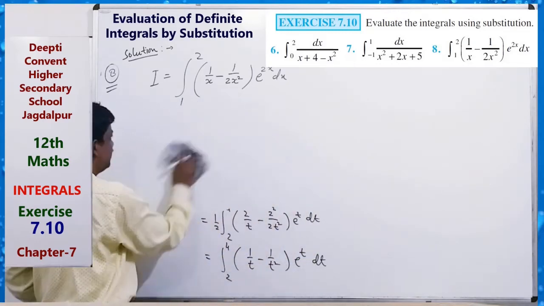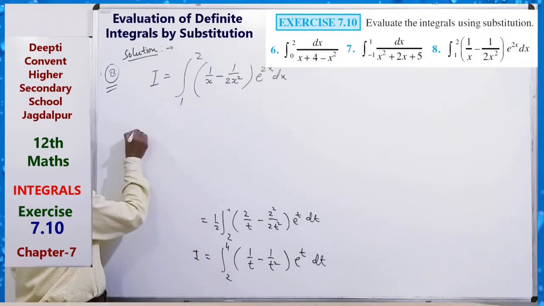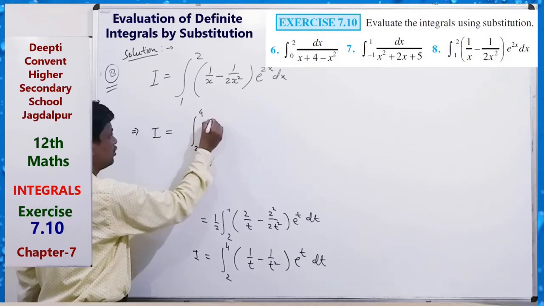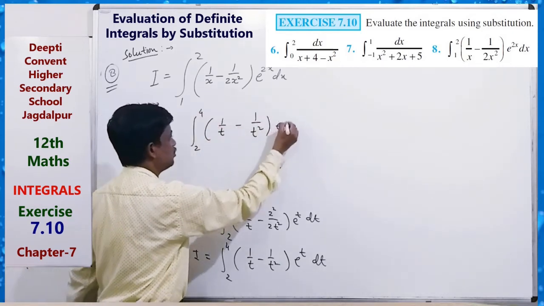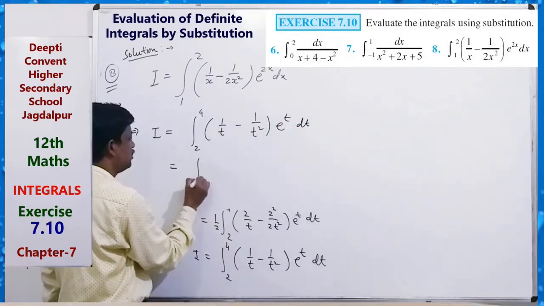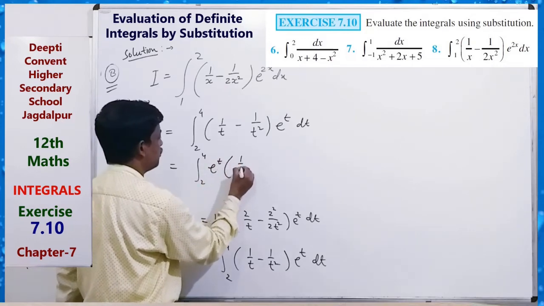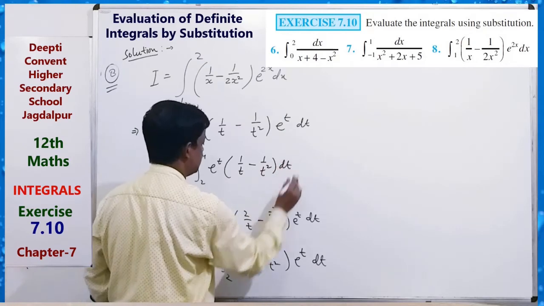Now here I equals 2 to 4, 1 upon t minus 1 upon t square e to the power t dt. Here we see that 2 to 4 e to the power t, 1 by t minus 1 by t square dt.